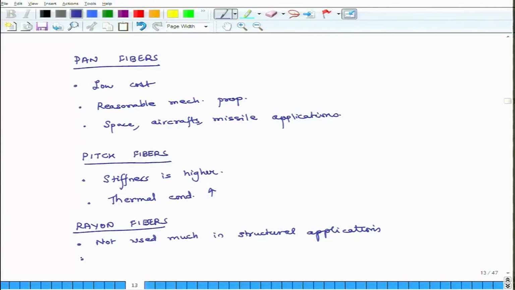In contrast to other fibers, their thermal conductivity is actually low, and we will see that in comparative terms. So, here they are used as insulation, and they are also used as heat shields.